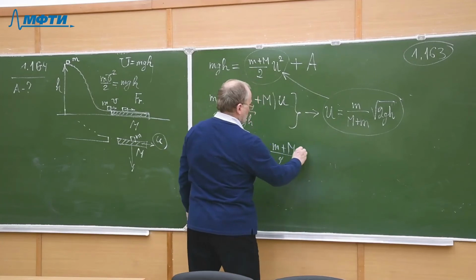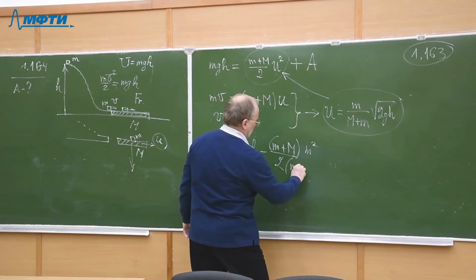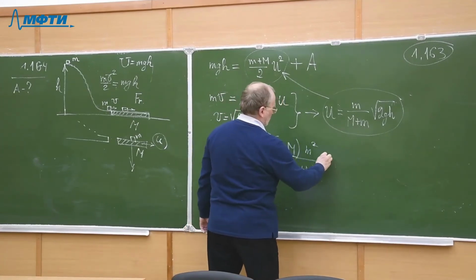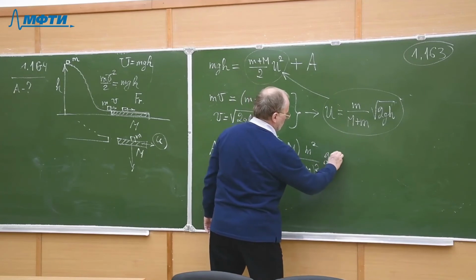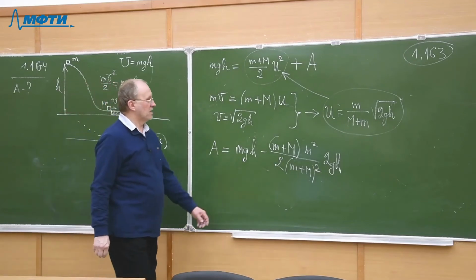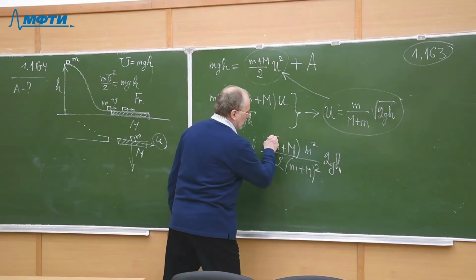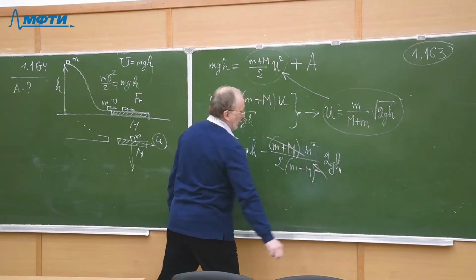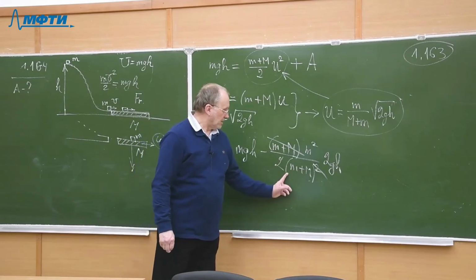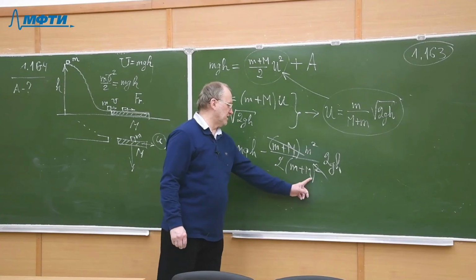And the velocity u squared will be small m squared divided by small m plus capital M squared, and 2gh, the square root vanishes because we take the velocity squared. So here again this will cancel. Only one component, small m plus capital M, will remain in the denominator.